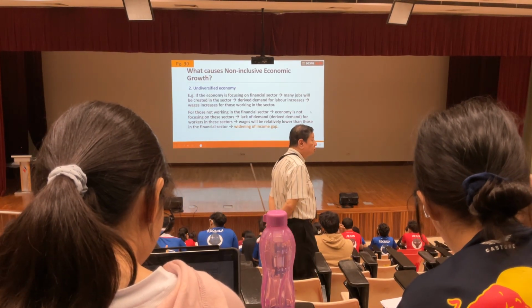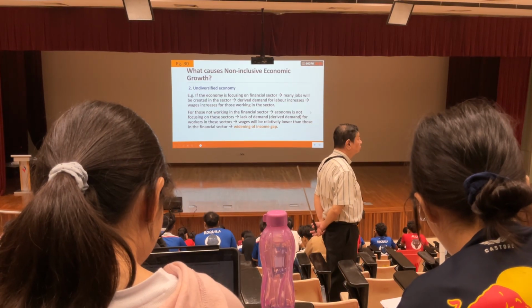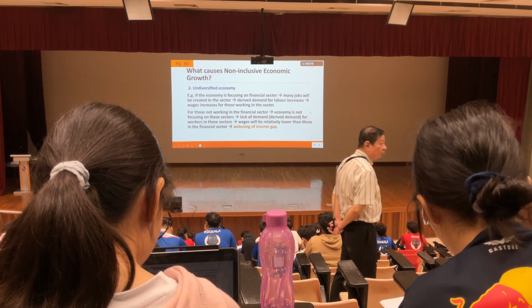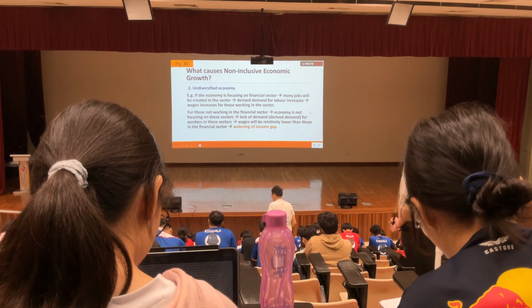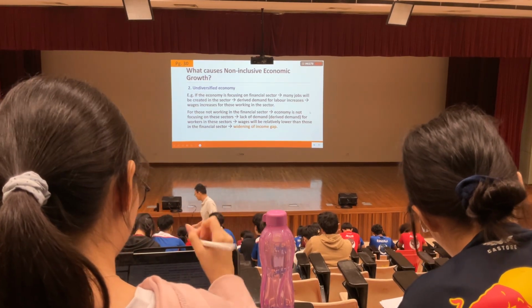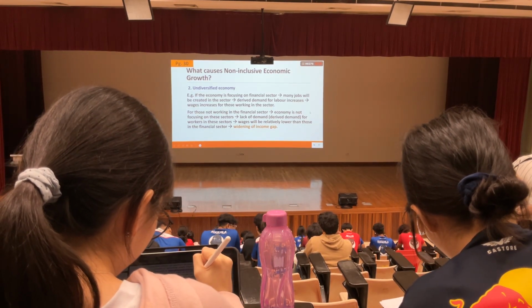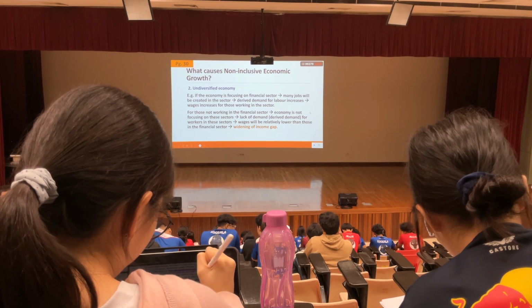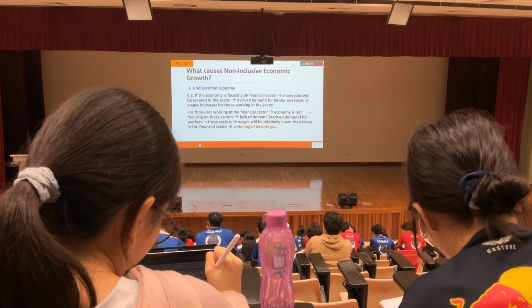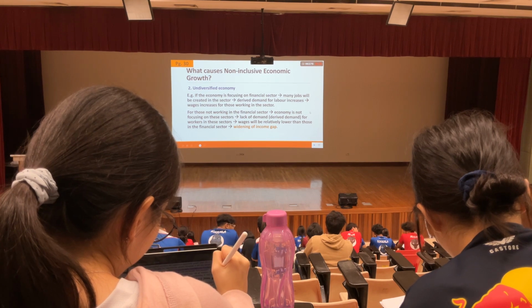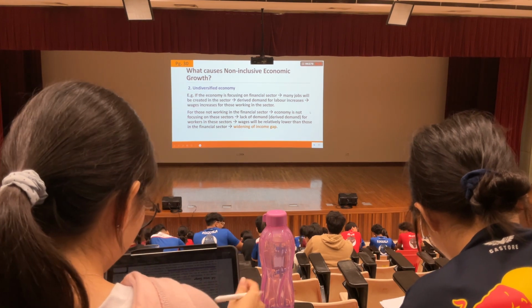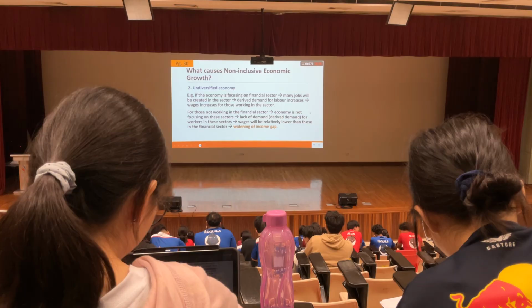Okay, so when the government is focusing on the financial sector, your growth is non-inclusive. Because those working in that financial sector, their wages will increase. Meanwhile, for those that are not, the wages will be relatively lower.